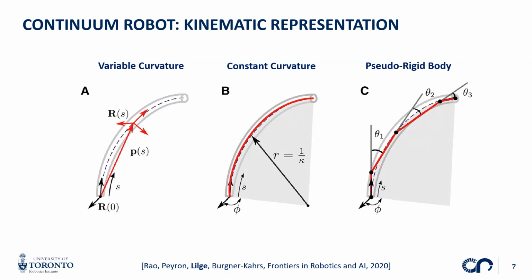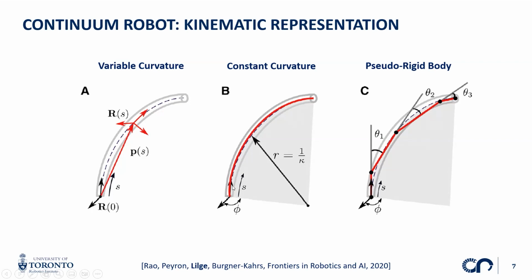Then some other kinematic representations have been proposed that try to discretize the continuum robot into something like a finite element model. I use simpler structures to approximate the shape of the continuum robot. One proposed idea is to use constant curvature arcs.